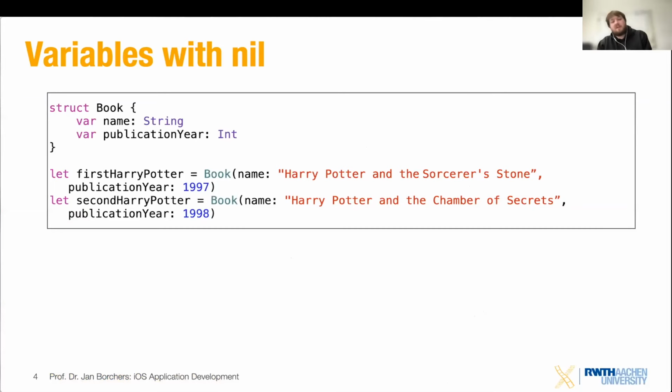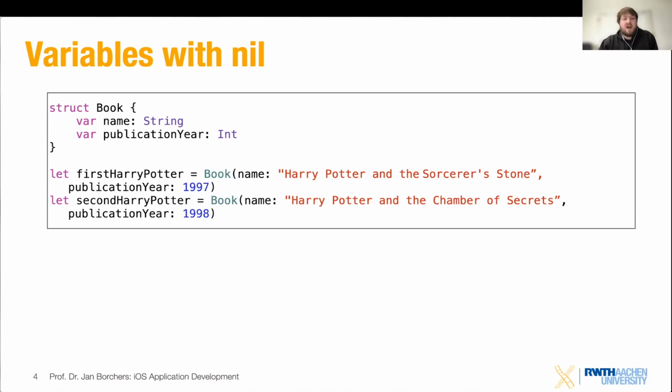So if we consider this example, we have a struct of a book, and a book has a name and a publication year. If we want to create a record of a new book, we just call the member-wise initializer here, giving it the name of the first Harry Potter book and when it was published.